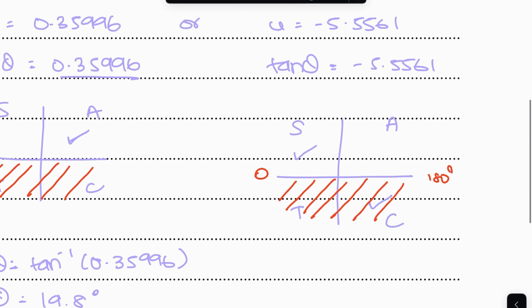Now, for the second option, theta is equal to 180 minus x. We only use this trick because our particular value for tan theta is negative here. Whenever we're finding a negative, it's just easier to find tan inverse of the same value but positive, and then subtract that from 180.